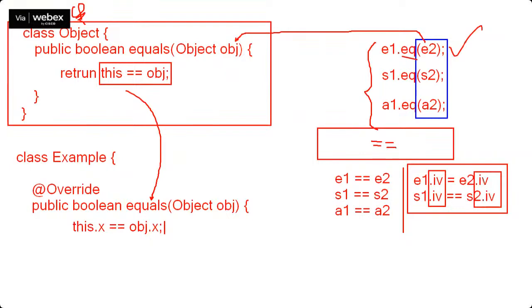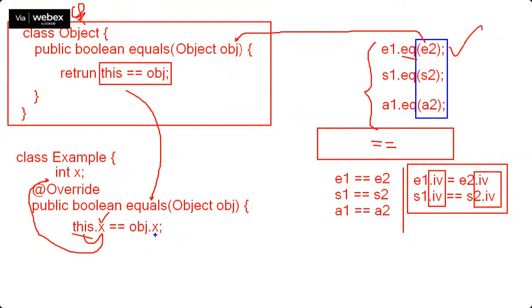Not compiled. Which part is not compiled? This means what? Search for x in the current class. Obviously available, int x. This part is compiled.